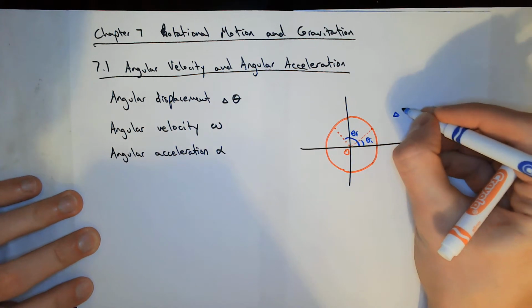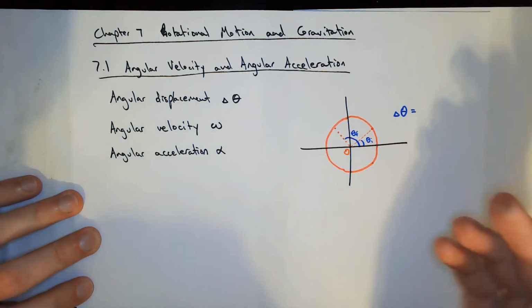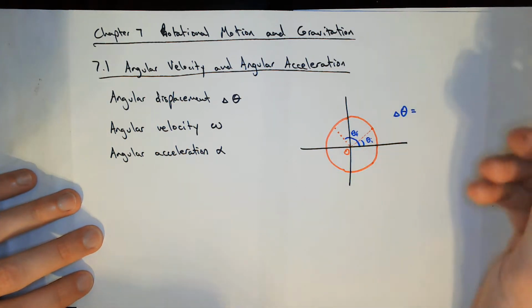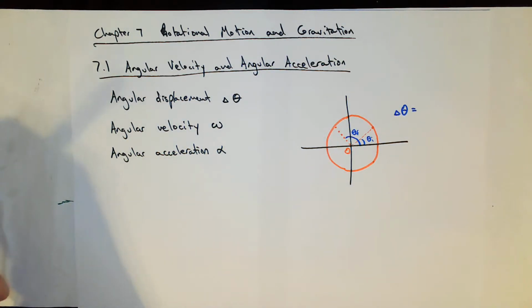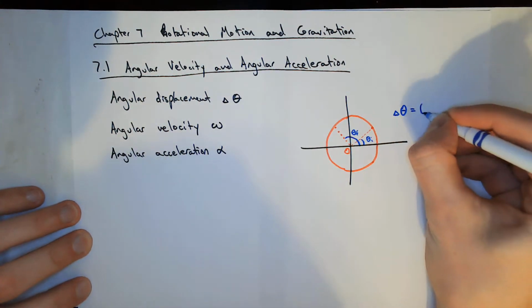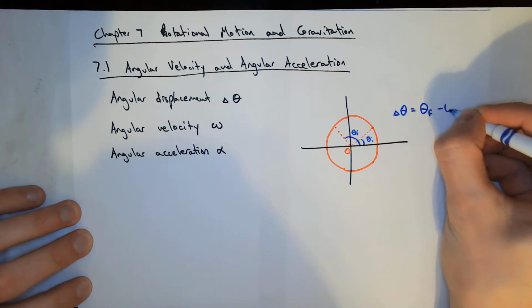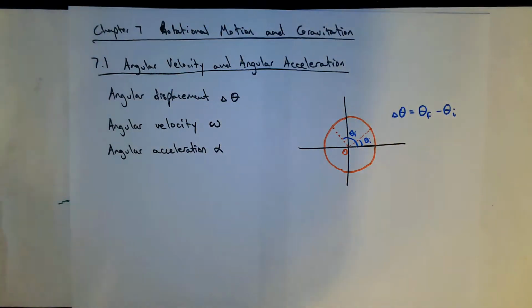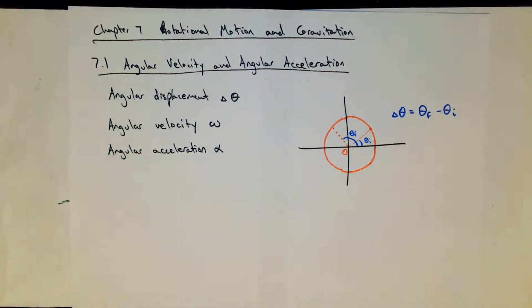So of course, delta theta then describes that angular displacement, the difference in the angles here. So it's not like a linear distance, right? It's a difference of angles. Okay, so this may seem pretty clear so far, but I want to make a little bit more of a point about this angular displacement.